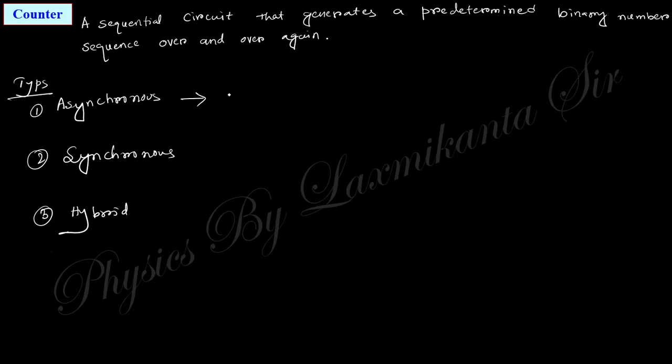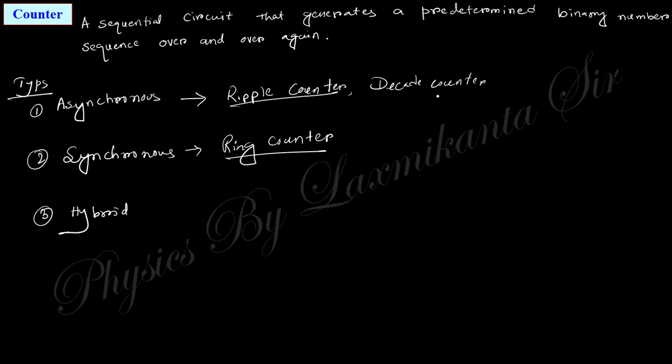In asynchronous, the examples are the ripple counter and the decade counter, and the synchronous counter example is the ring counter. We want to discuss the ring counter, ripple counter, and decade counter in the upcoming sessions. Before that, we need to explain what we mean by asynchronous and synchronous counters.